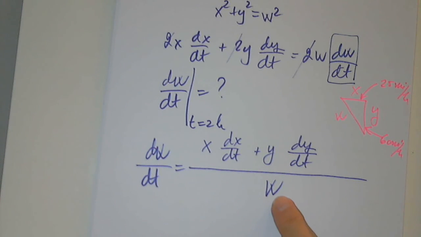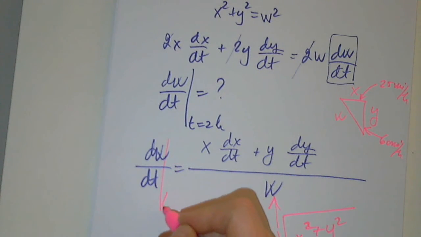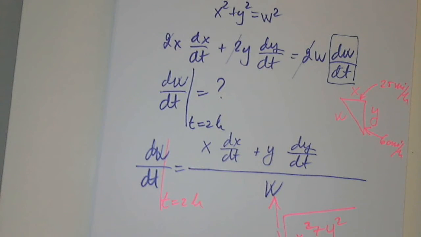Obviously, I shouldn't say variables, they're functions. So w is nothing else but the square root of x squared plus y squared, because we don't have w. Okay, so let's see what we have. And remember, we are evaluating when time equals 2 hours.